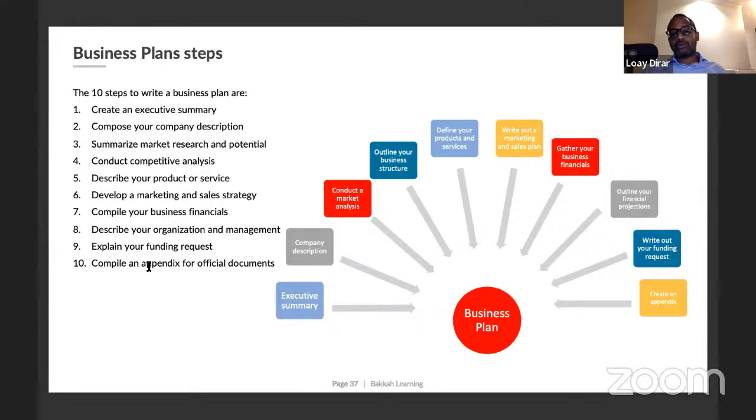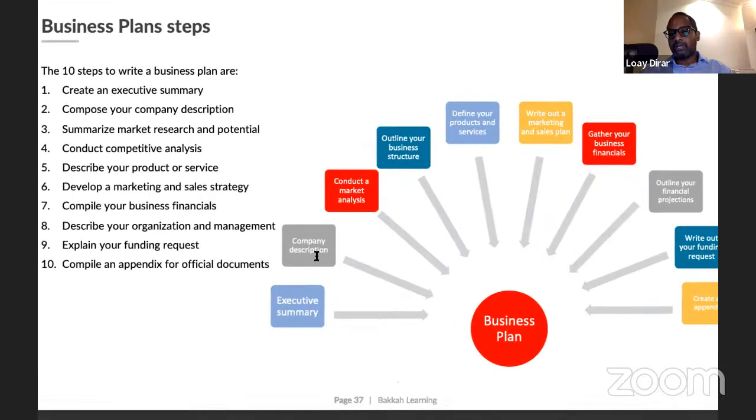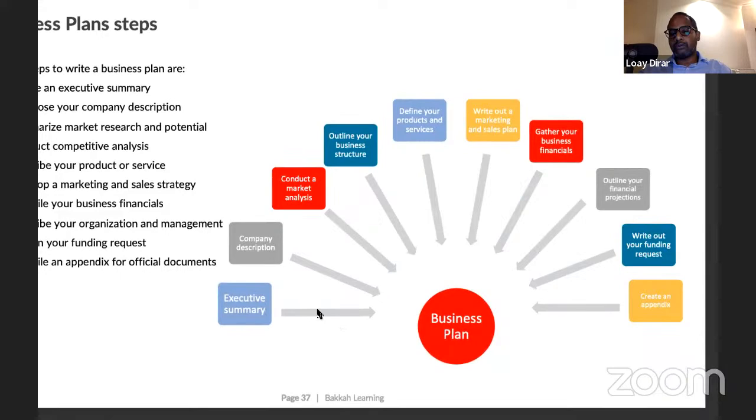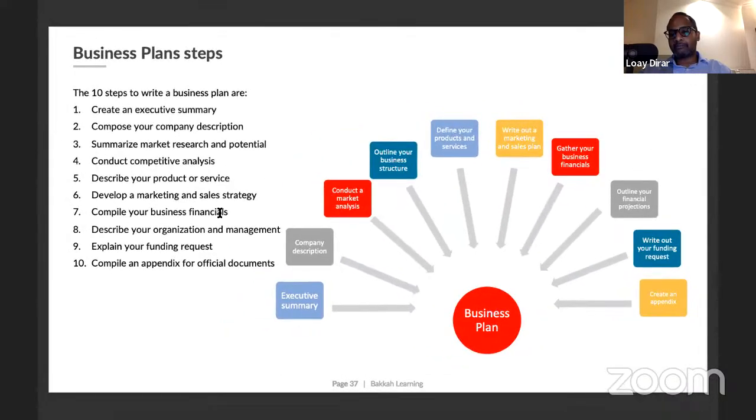And finally, you need to compile an appendix for official documents such as regulations by the government and any kind of licenses that you obtain, any kind of information that can be kept as part of the appendix section. So this is a very high level overview of your business plan and its components.